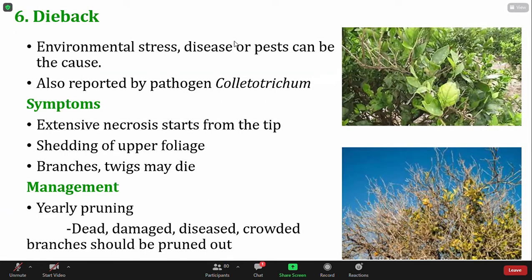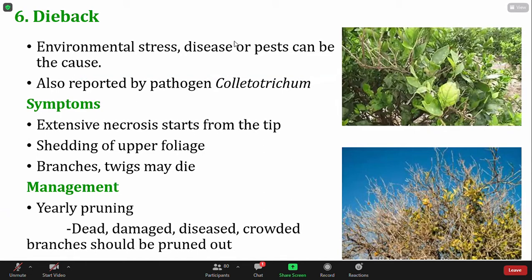the pathogen Colletotrichum. The symptoms are the extensive necrosis starting from the tip. You observe here, the necrosis starts from the top. Then the shedding of upper foliage is visible and the branches and twigs may die. This is called dieback because it starts from the tip.